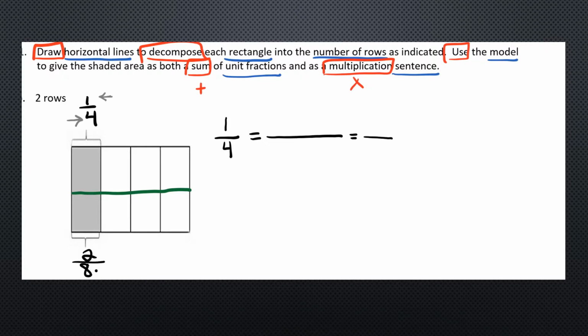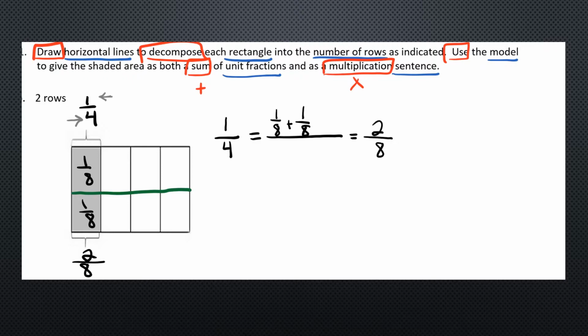Since it needs to end in 8s, my unit fraction needs to be in 8s. So I will have 1/8 plus 1/8, and that will give me my 2/8. If I go back, it's really just counting the shaded boxes. I have 1/8 here, 1/8 here, and together that equals 2/8.